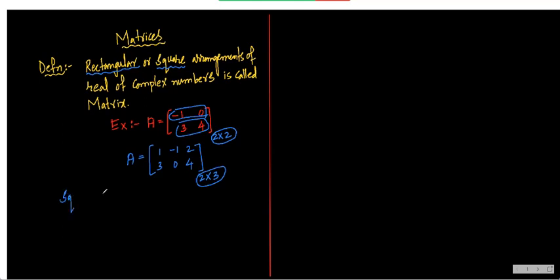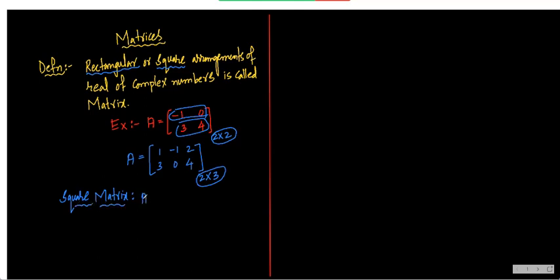Now, types of matrix. First one is square matrix. So very, very simple definition of square matrix will be, what is the definition?